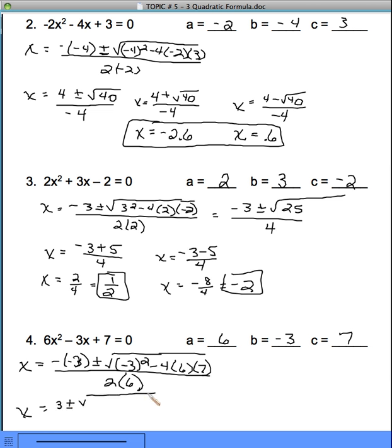Put this in your calculator, and then you end up with negative 159 over 12.